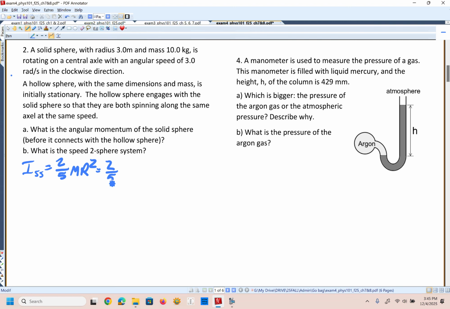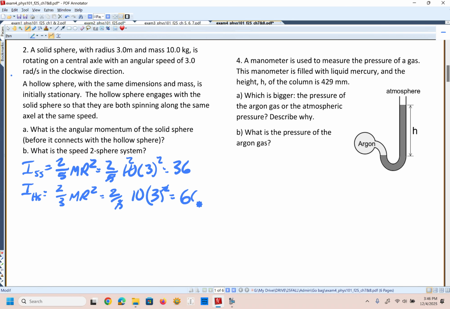That's 2/5 of the mass, which is 10 times 3 squared. 4 times 9, that's 36. And then I of the hollow sphere is 2/3 mr squared. I think I'm doing this right. That's 2/3 of 10 times 3 squared. Dimensions are the same. That's 20. That's equal to 60. So those are the two moments of inertia.